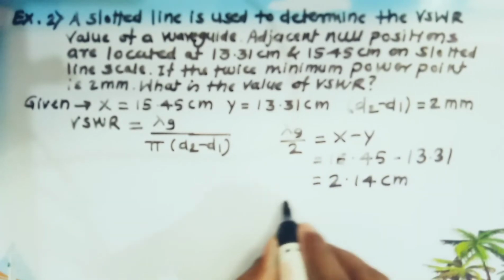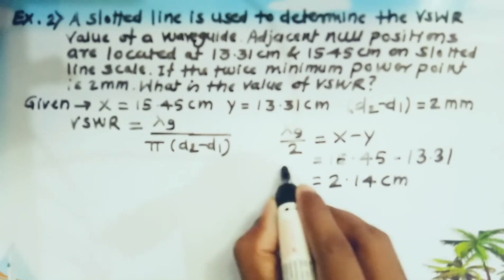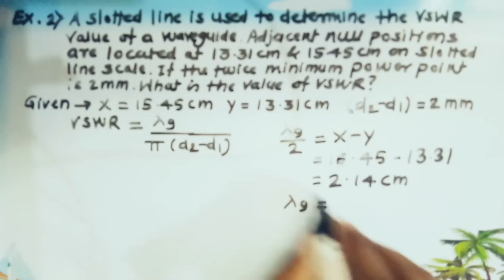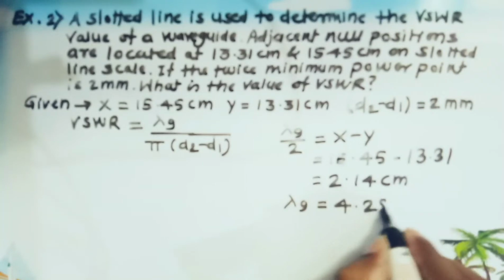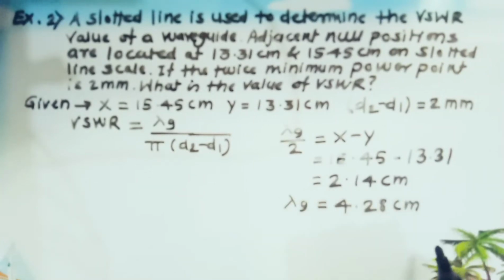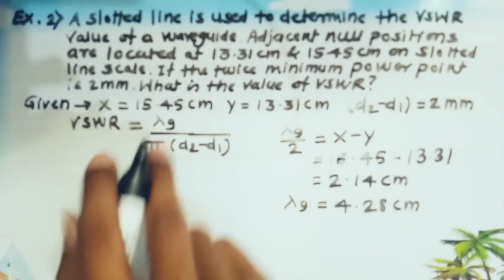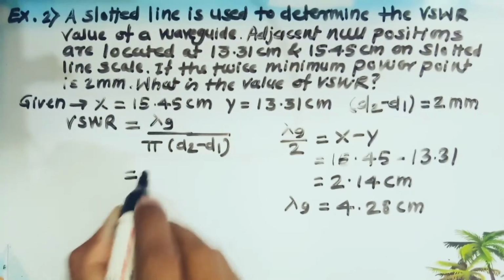So from this, lambda g becomes equal to 2 multiplied by this, so 4.28 centimeter.